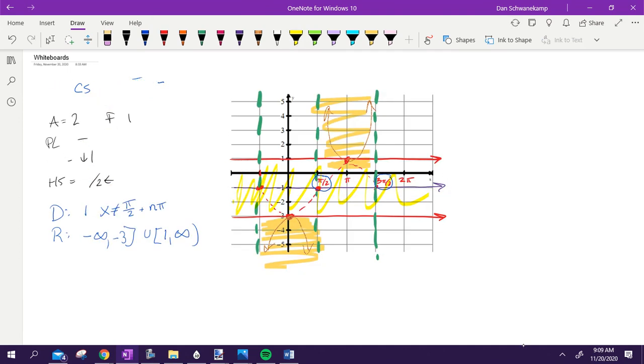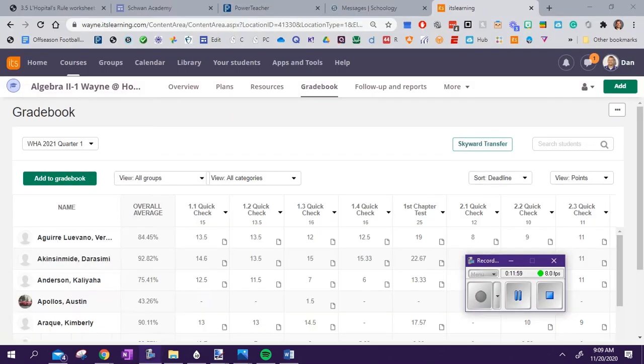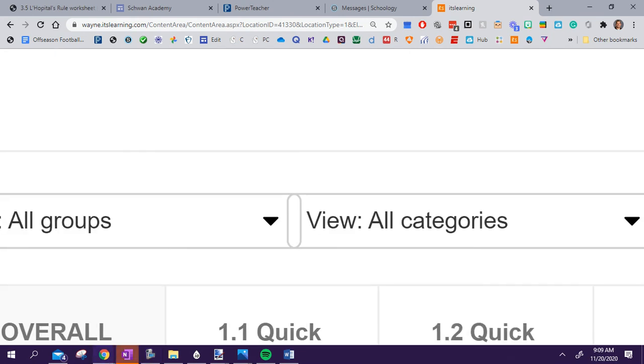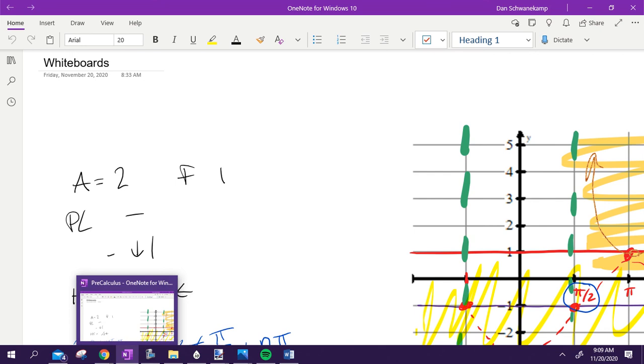All right, I'm just going to write the equation, then I'll delete everything afterwards. All right, here's what I want you to graph. No, my program crashed. Good times. There we go.